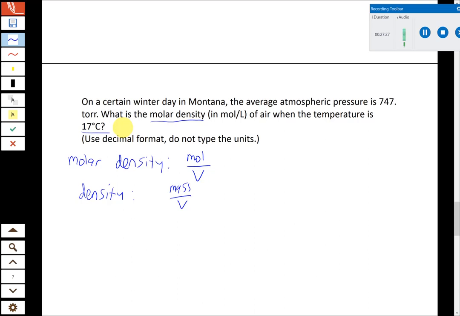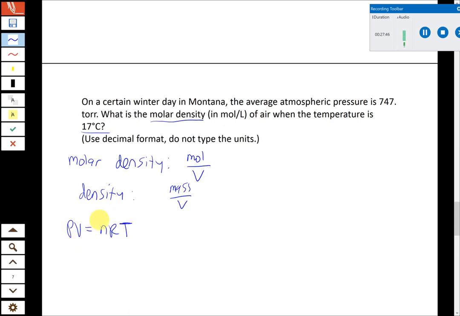So in this problem here, we're solving for molar density, which is moles divided by volume. And again, the starting point is going to be PV equals nRT. I think this problem is not as difficult as you might have thought when you just looked at it. Molar density is a new parameter for us, but it comes right out of the ideal gas equation.